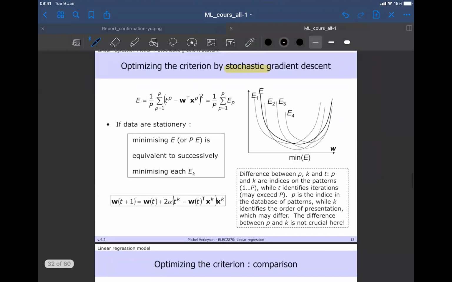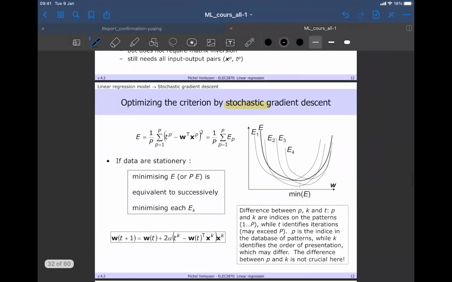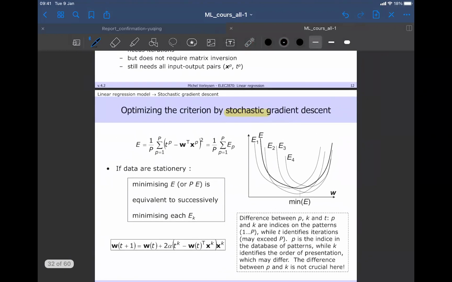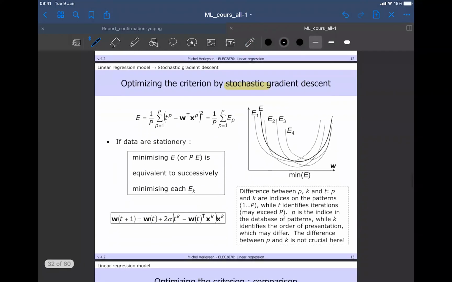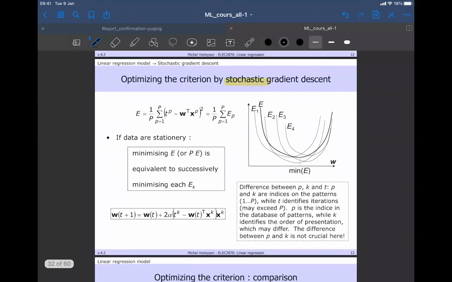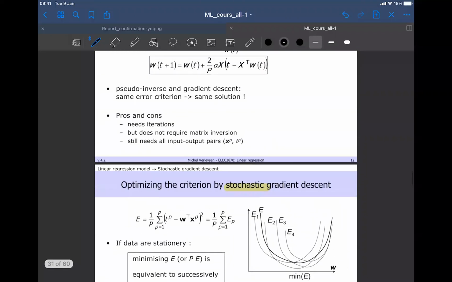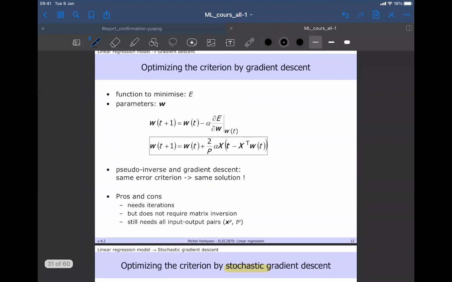I don't think it's written in here. So here they speak about each error of k individually. But the idea is that you could compute the gradient, let's say we have some sampled set.